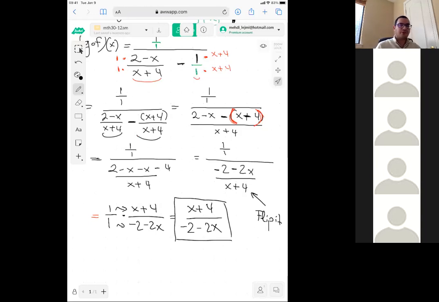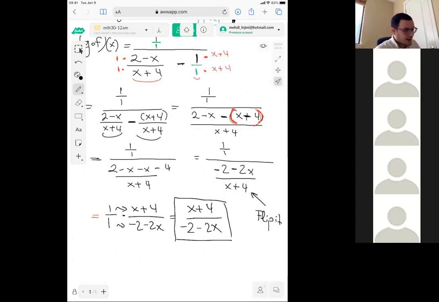The x plus 4 over minus 2 minus 2x. So I think, guys, Samira, you have a wrong sign. So it's supposed to be minus.